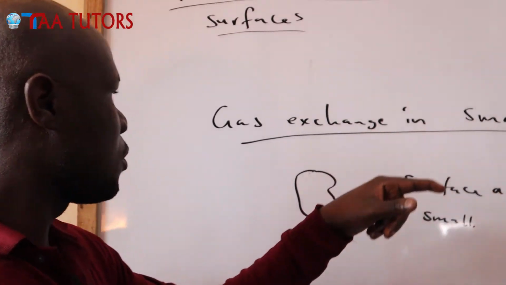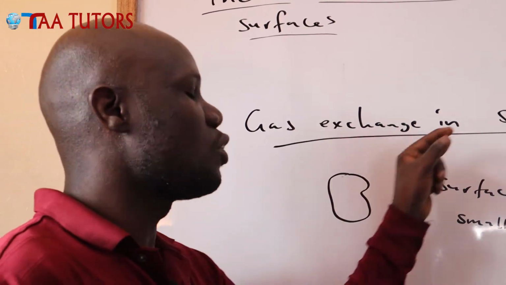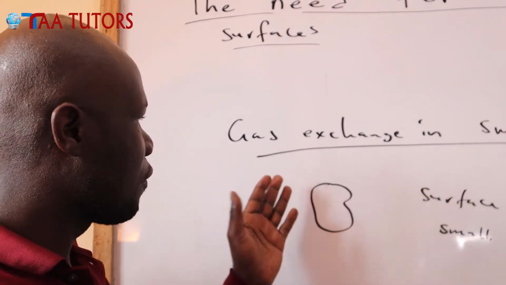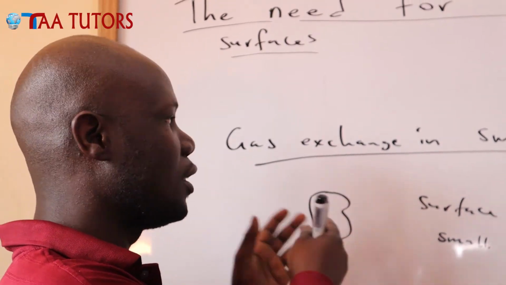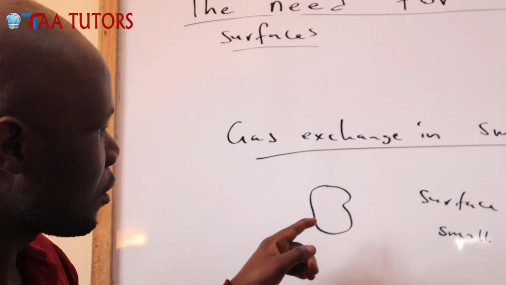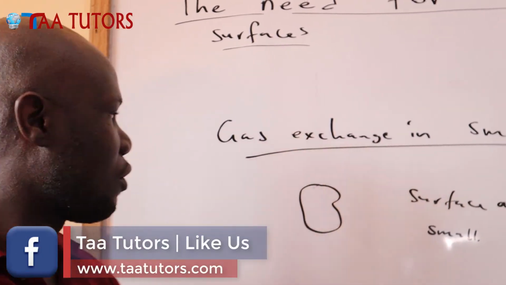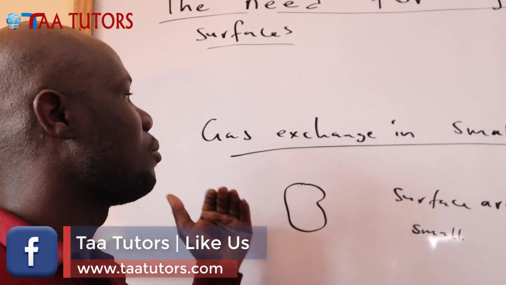So in terms of the surface area to volume ratio, this organism has a high surface area to volume ratio, which means that it is exposing a bigger surface to the surrounding as compared to its size. Therefore, in such organisms, simple diffusion is enough for the gases to move in and the waste product to move out.